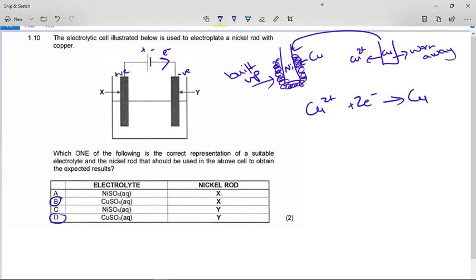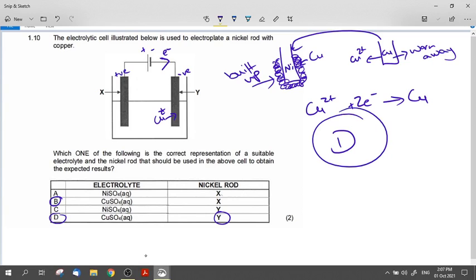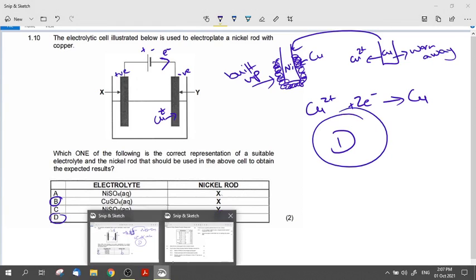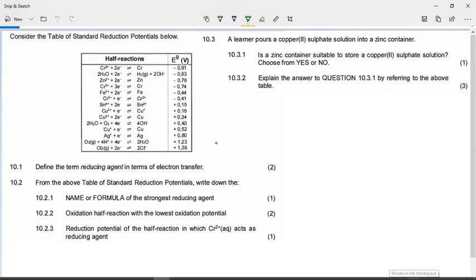So where will my Cu2+ cations go? They are going to go to the negative electrode, because opposite charges attract. It is full of electrons, and there the Cu2+ will be transformed to Cu metal. So we need the nickel rod to be Y. The answer to this question is in fact D, because we have Cu2+ ions in solution, and we have the correct electrode.